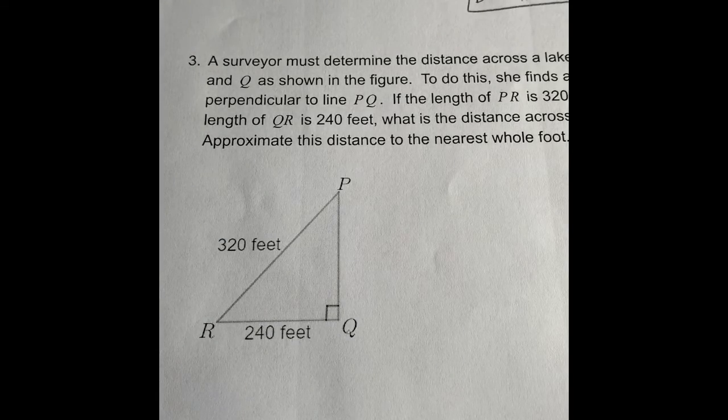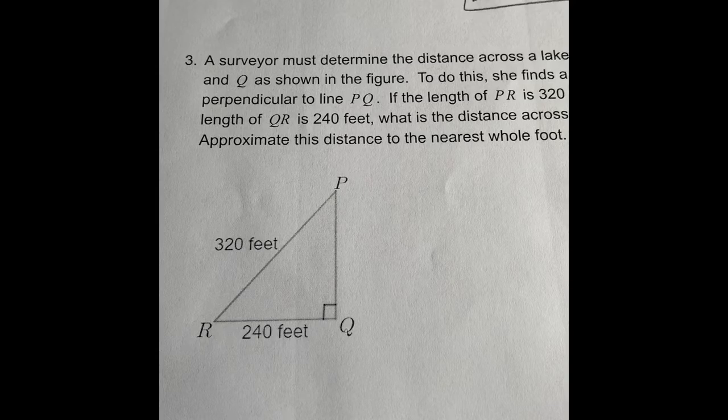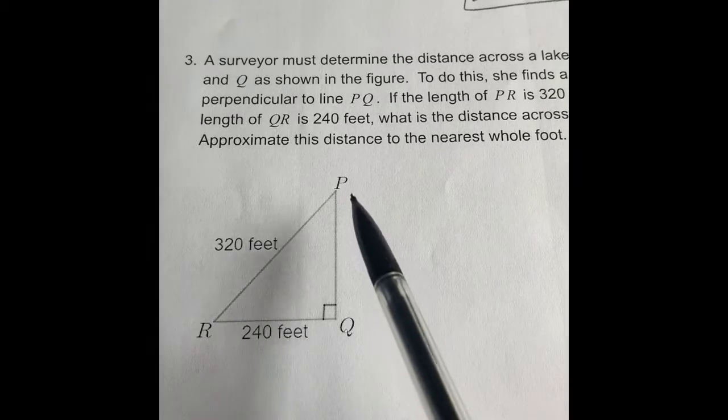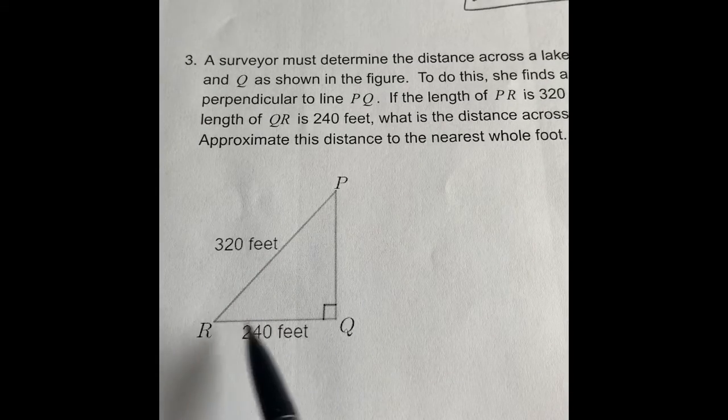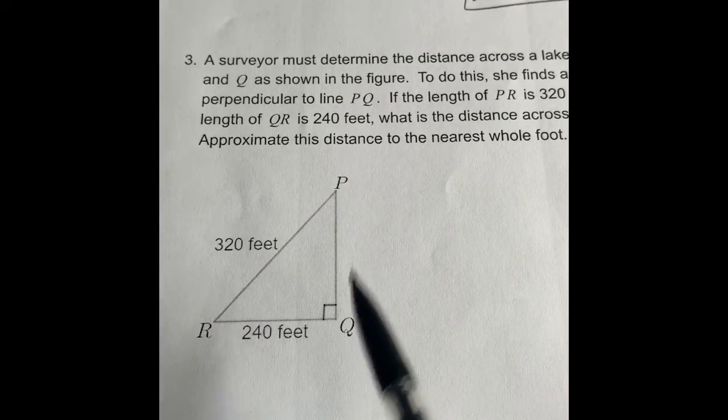Perpendicular is another vocab word that you're going to learn and hopefully really get to know when you're in geometry. But perpendicular means 90 degrees, basically. So if you remember, we're working with right triangles, that's 90 degrees. You're going to see that word perpendicular a lot. So this R is perpendicular, makes a right angle with that distance that we're trying to find.